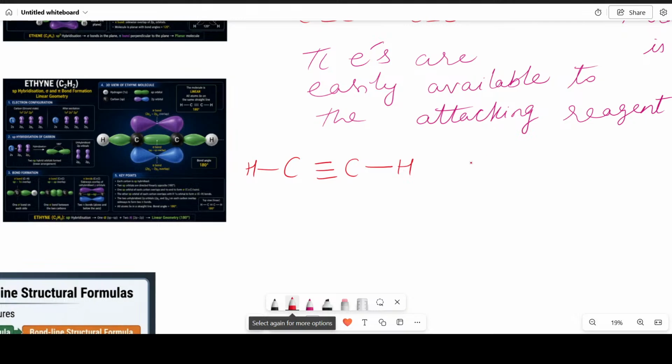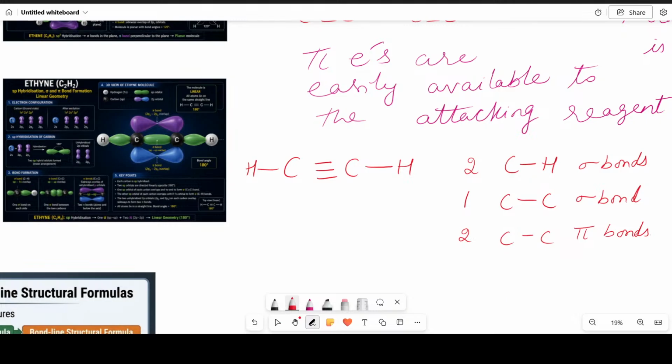So how many sigma bonds are there? 2 carbon hydrogen sigma bonds, 1 carbon carbon sigma bond, 2 carbon carbon pi bonds. Clear?